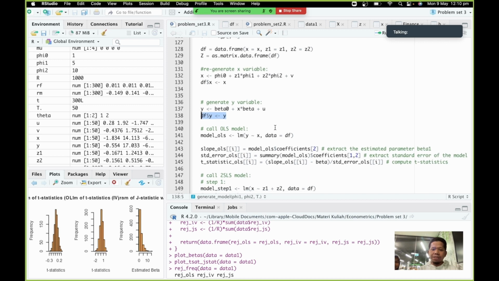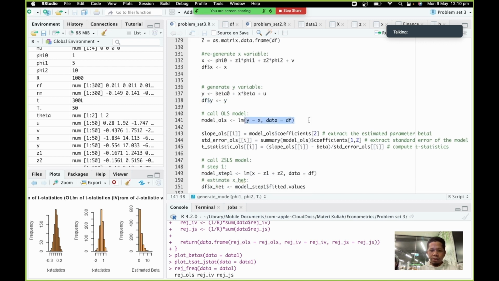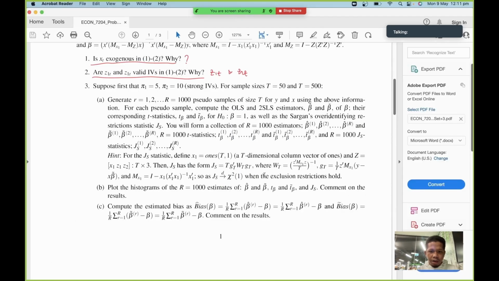So our next step is to run the OLS model here. We run our linear model with our dependent variable y and independent variable x, because in the question we are asked to generate the value of t and beta for OLS, and t and beta both for 2SLS and the G statistic.